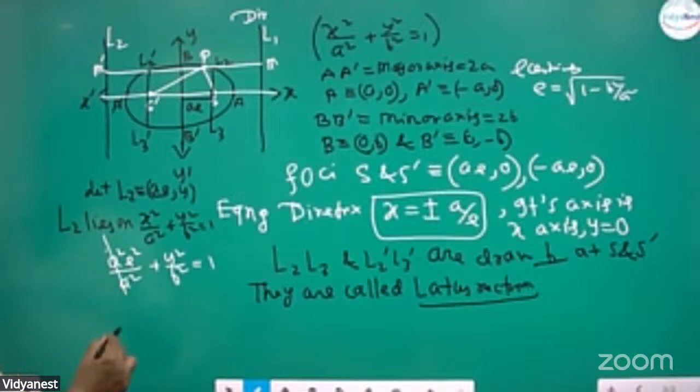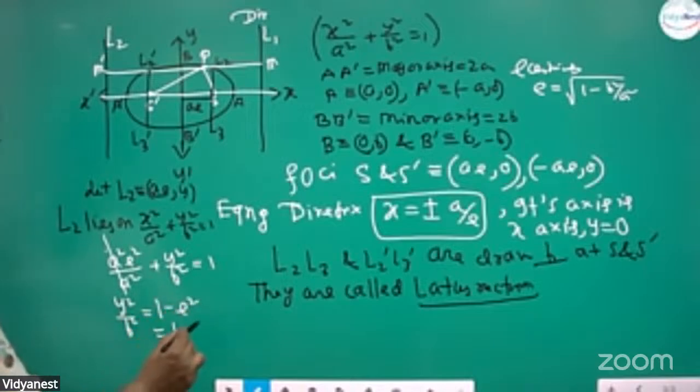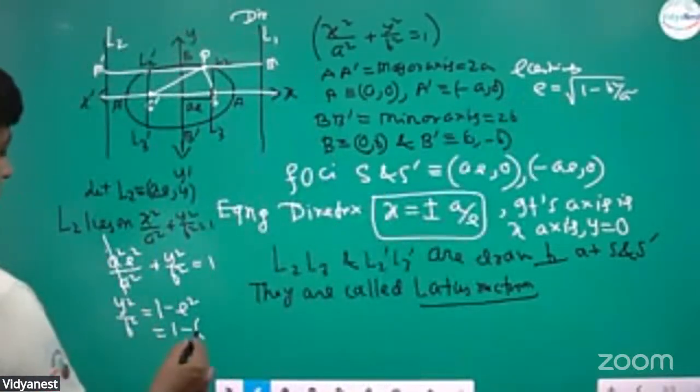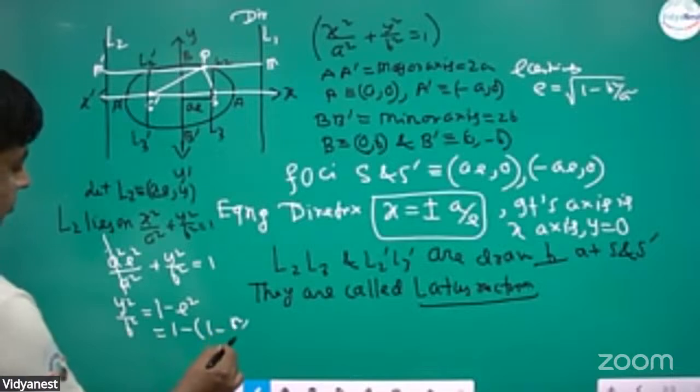A square cancels. What is square? We got that thing, so the root will be removed.